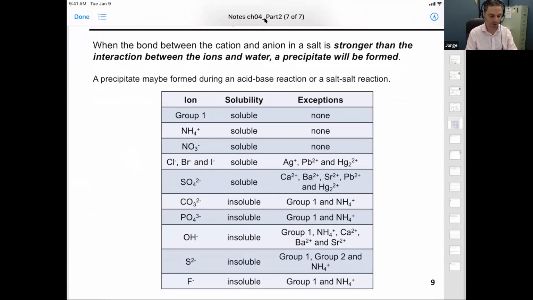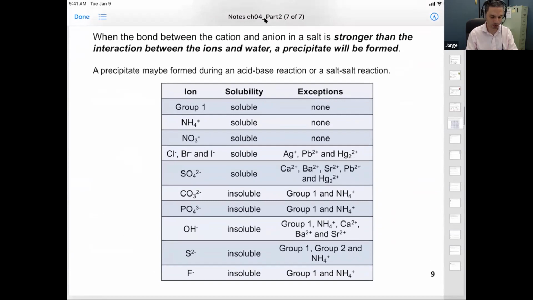And we have this table here to see when a solid or a precipitate is formed or not. I don't want you to memorize the table, but I need you to know how to read the table. The first column has different ions. The second column tells us if it's soluble or not. And the third column lists any exceptions to the rule.